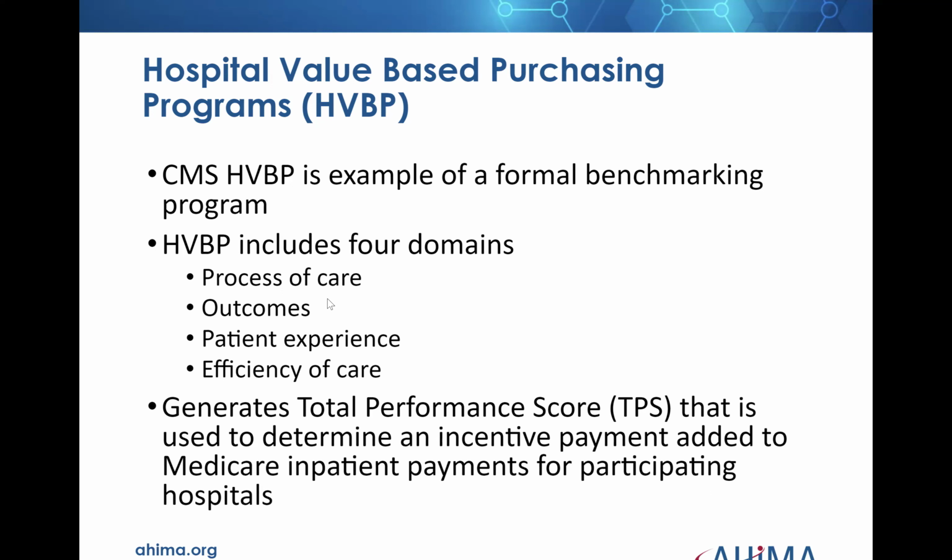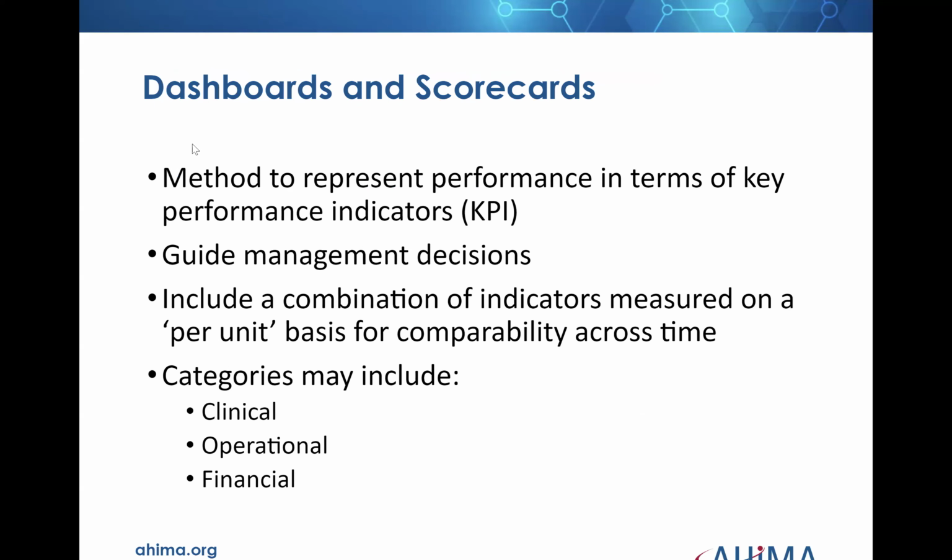And then it generates total performance scores that are used to determine incentive payments added to Medicare inpatient payments for participating hospitals. So basically what this is doing is putting a certain amount of the hospital's revenue at risk. If you meet all these quality goals, if you have a high enough total performance score, then you get more money.